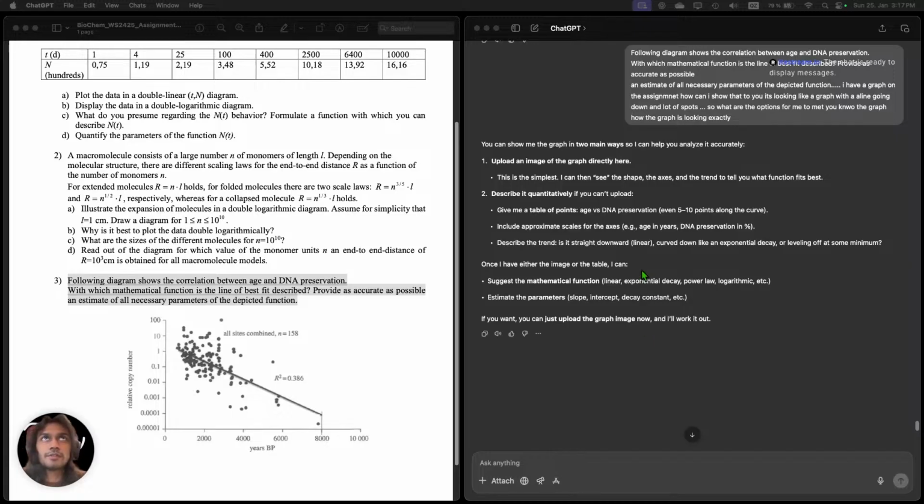You can show me the graph in two main ways so I can help you analyze it accurately. Upload an image. Nah, the free version of ChatGPT doesn't allow that. Suggest a mathematical function. No. Estimate the parameters. Describe it quantitatively.